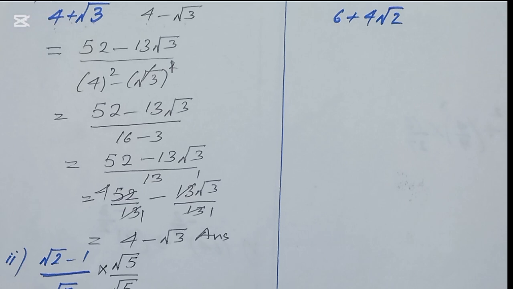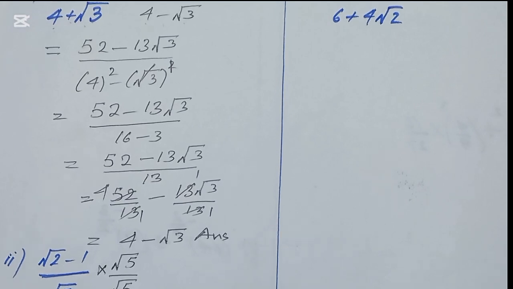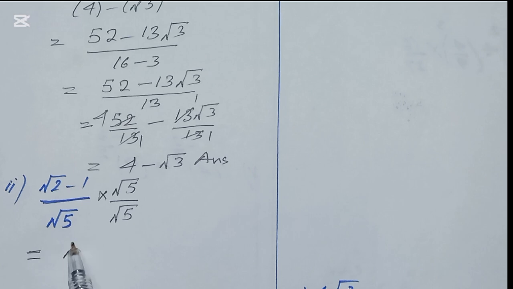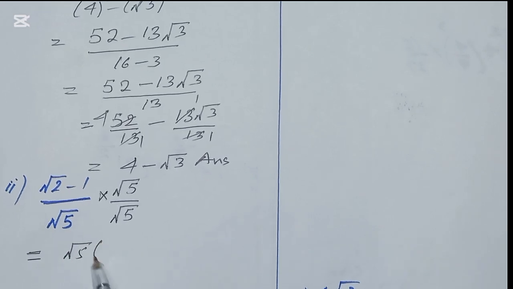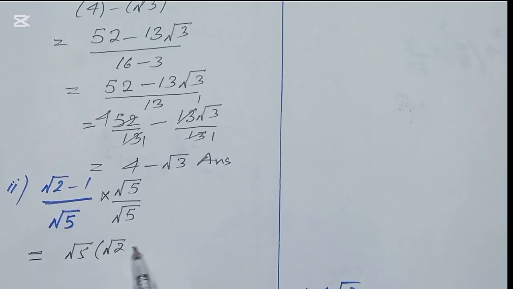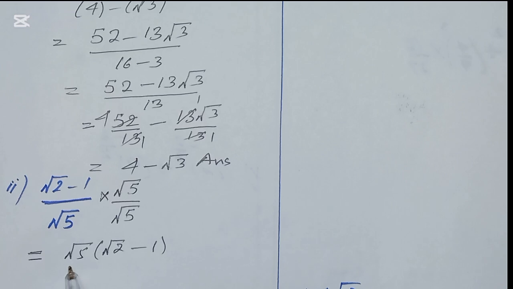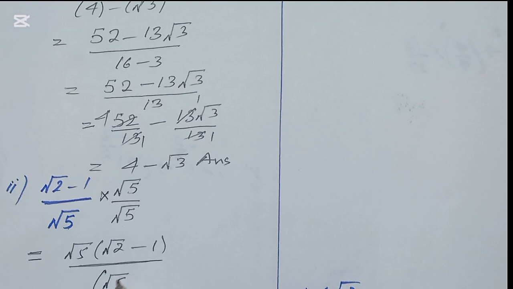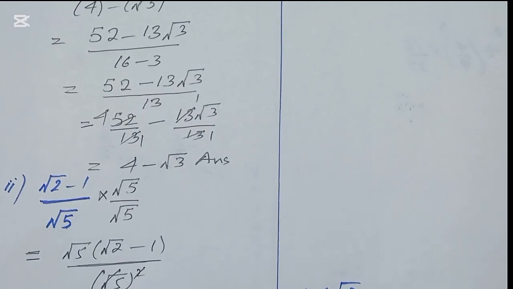So in numerator we will get under root 5 multiply under root 2 minus 1, and in denominator under root 5 multiply under root 5, we will get under root 5 whole square, and 2 cancel this square sign.